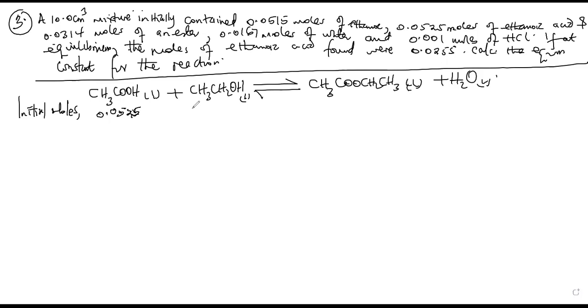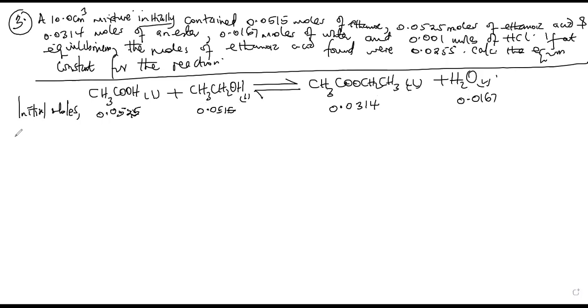Ethanol was 0.0515. Ethyl ethanoate, which is an ester, 0.0314, while water is 0.0167 from the question, because initially they gave us the moles initially.